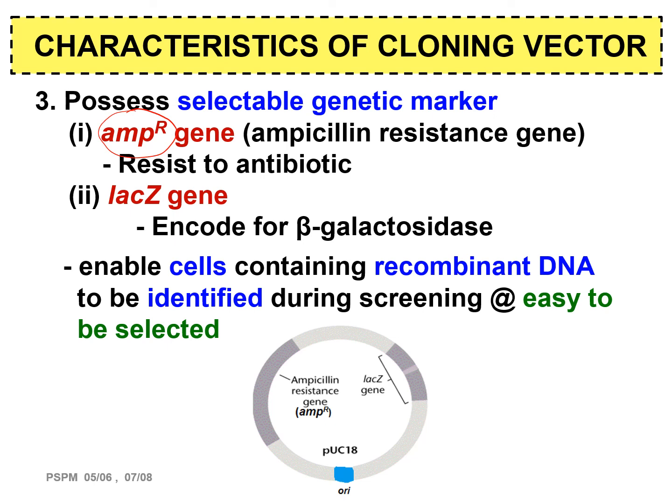Amp means ampicillin, R for resistance. Ampicillin is a type of antibiotic. So when a bacteria has this kind of gene, they will be able to resist or survive the antibiotic. Antibiotic is used to kill bacteria. If they can resist the antibiotic, then they won't be killed.